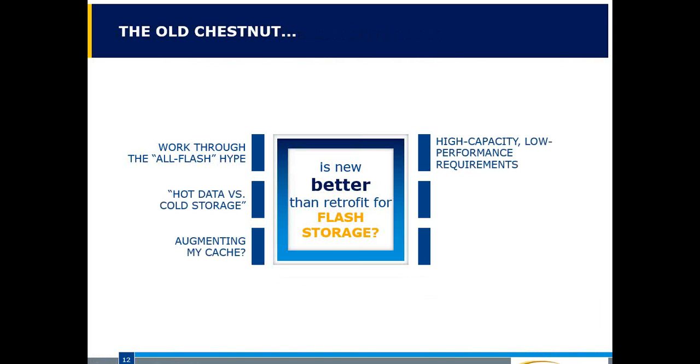So you give up the capacity, but use it to serve IOs directly out of cache. That's a good intermediate use, but in the longer term, that's not how you'll be using flash storage anyway. So augmenting cache might be really good if you're using flash drives to retrofit into your existing platform.